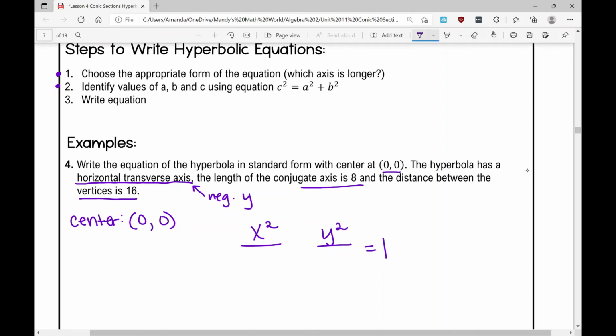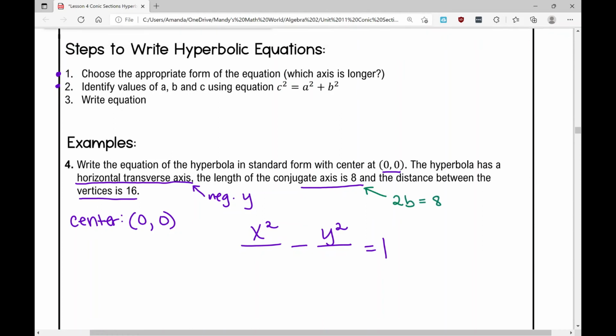Now I need to find my a and b values. I know that the length of the conjugate axis is 8. Well, the length of the conjugate axis is 2 times b, right? The b value is the distance from the center point to one covertex, and from one covertex to the other covertex, that would be 2b.